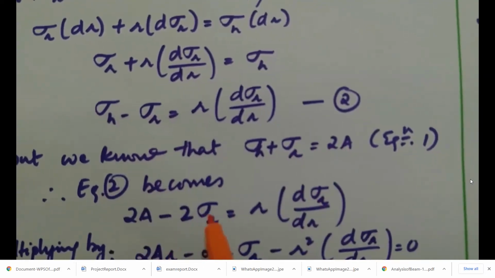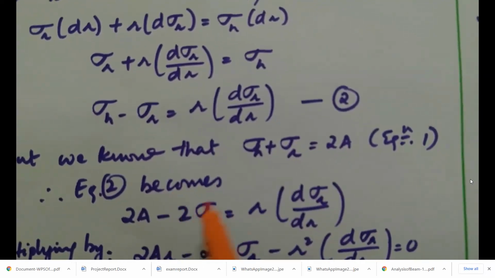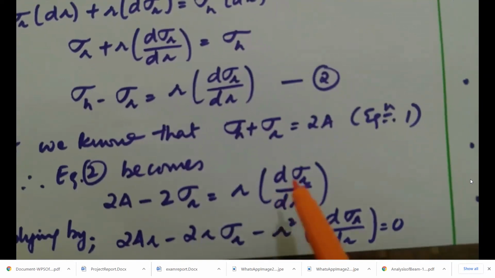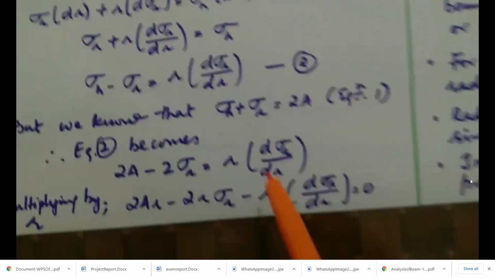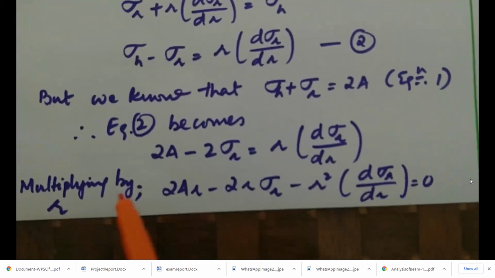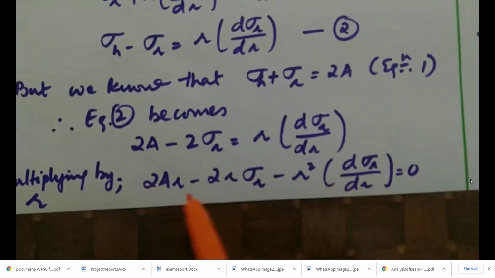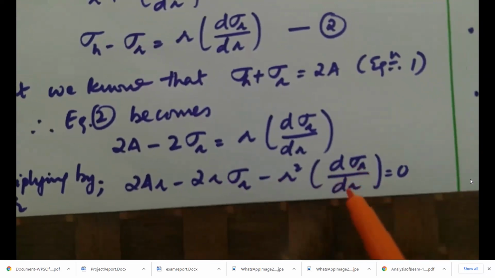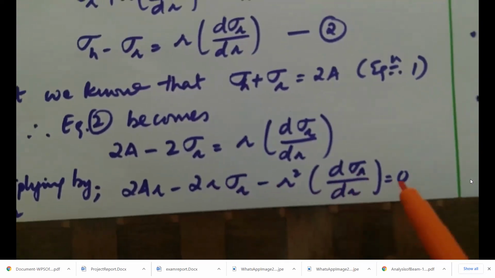So 2a minus 2 sigma r. Why 2 sigma r? Because I get 2a minus sigma r, there is one more minus sigma r, so I get minus 2 sigma r is equal to r into d sigma r by dr. Now I multiply the entire equation by r, so I get 2ar minus 2r sigma r minus r square into d sigma r by dr is equal to 0.